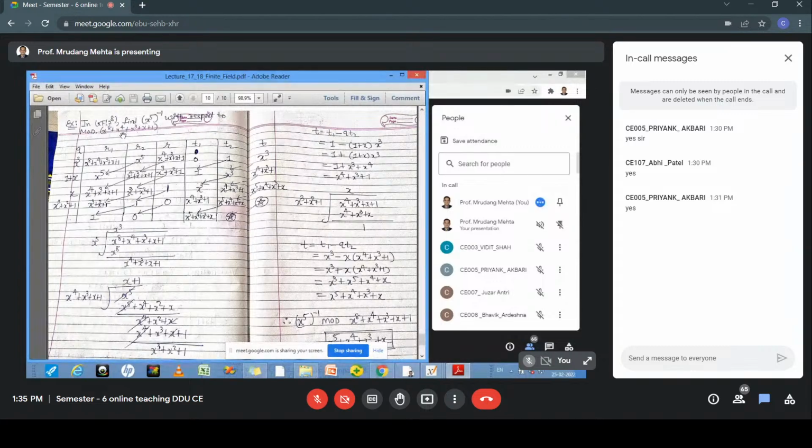So our R1 is, with respect to, what? With respect to this prime polynomial, okay? And whose multiplicative inverse do you want to find? That is x raised to 5. So what we do, we divide this R1 by R2. This is R1 and this is R2. If we want to divide this, we want actually x raised to 3, because we have to cancel out this, right?